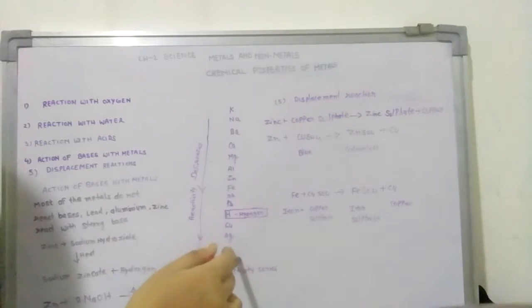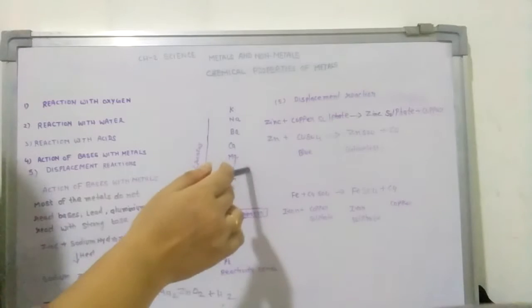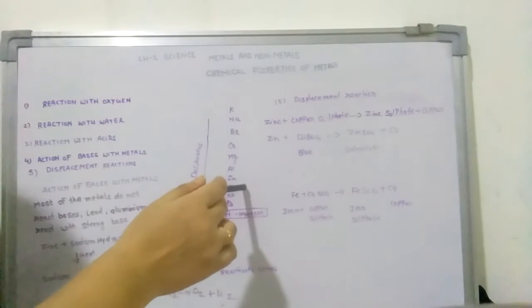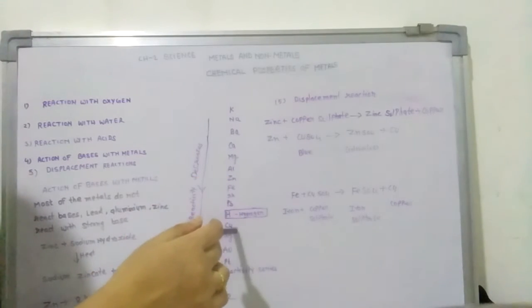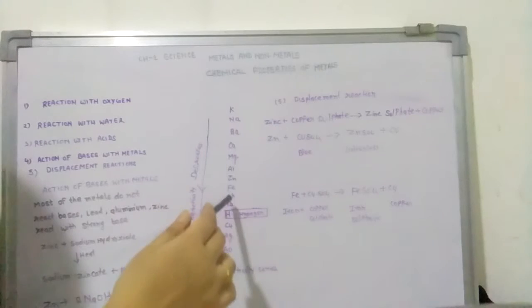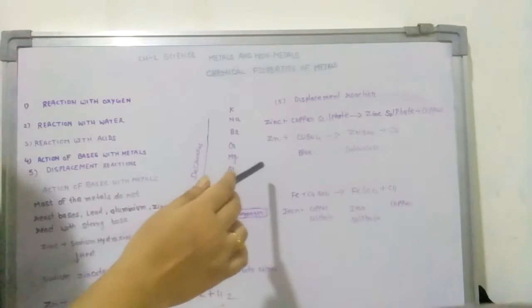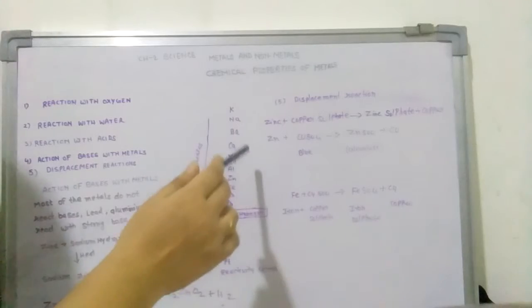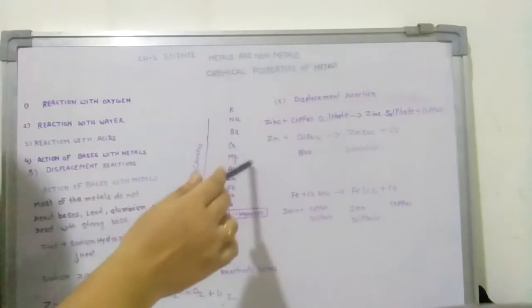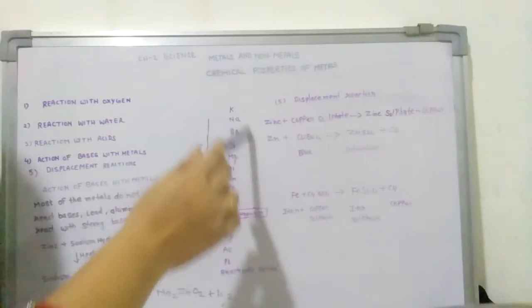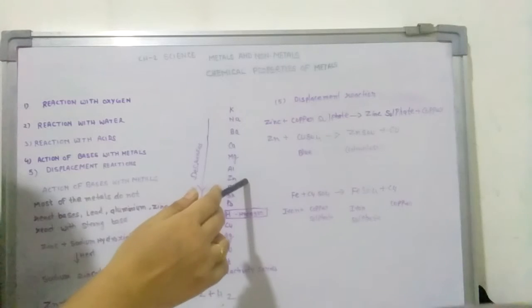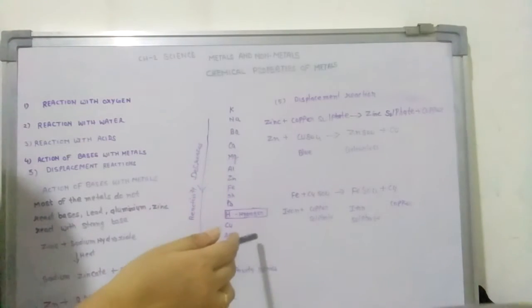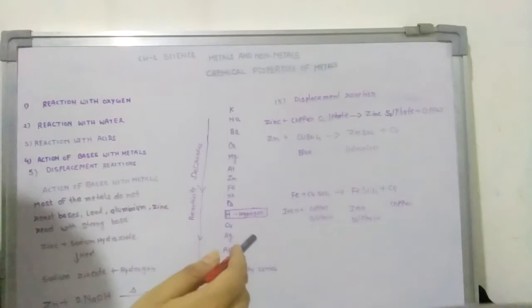A less reactive metal cannot displace a more reactive metal from its salt. A reaction in which a more reactive metal displaces a less reactive metal from its salt is called a displacement reaction.